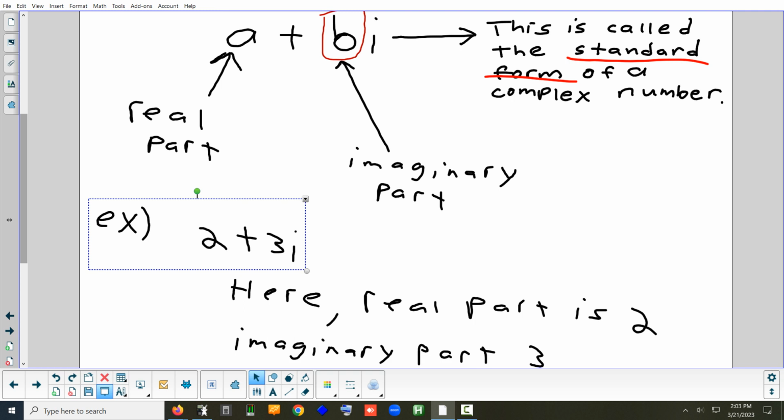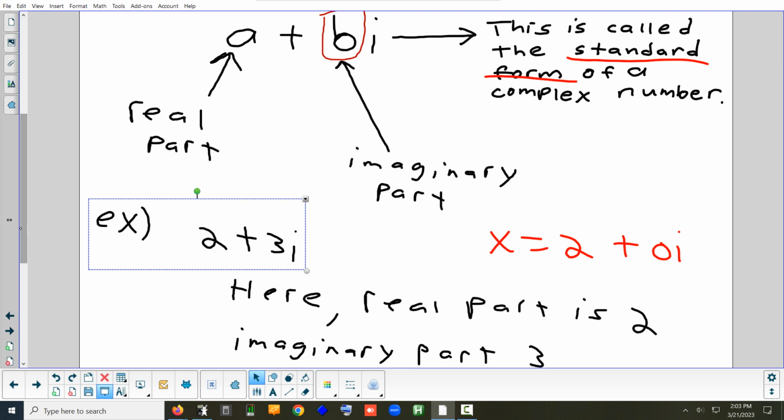Now, not every complex number has a real part and an imaginary part. So when I teach Algebra 1, if we're doing a problem and the answer comes out to like x equals 2, and we solve an equation and that's what we get, that's a complex number. What that really means is the real part is 2, and the imaginary part is 0.